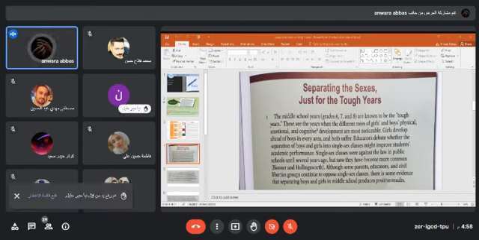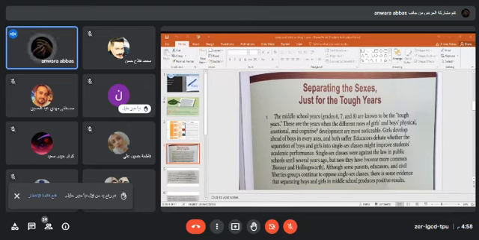Let me give you a little time to think. The author starts generally speaking about the topic, the separation of the sexes, and then the author specified his argument about a certain thing.